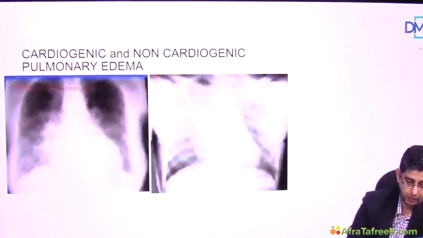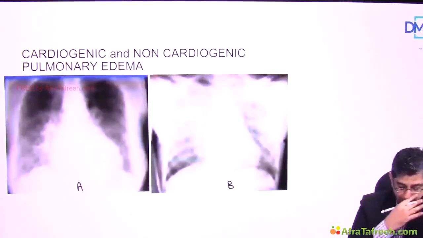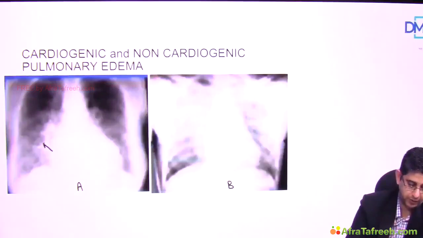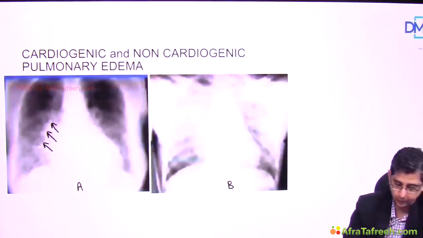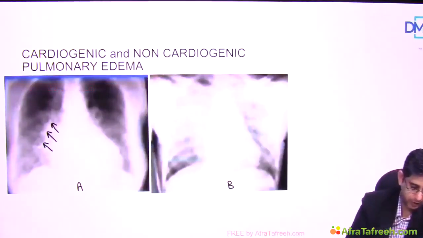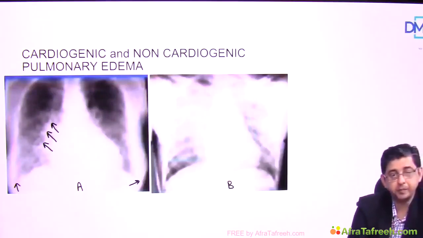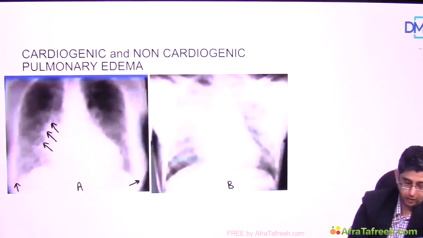In this case, there are two images, A and B. In one of the images, you can very well notice perihilar infiltrates. You can also notice slight minimal pleural effusions developing in the patient. The heart of the patient also looks relatively dilated.